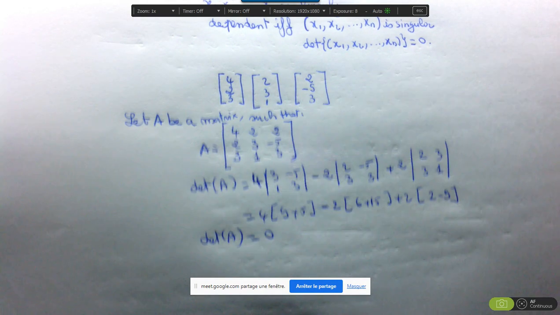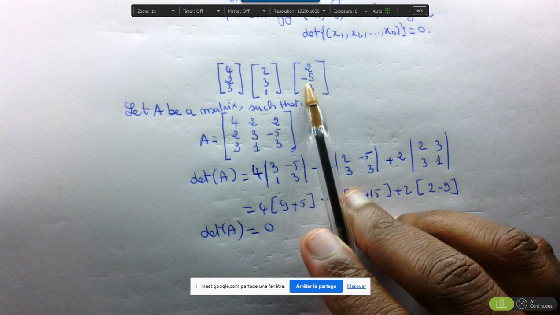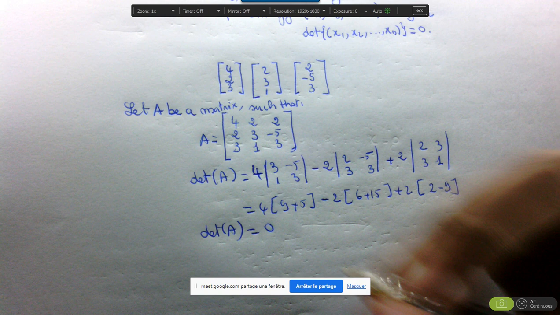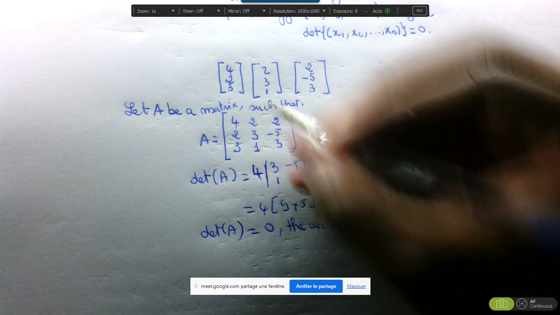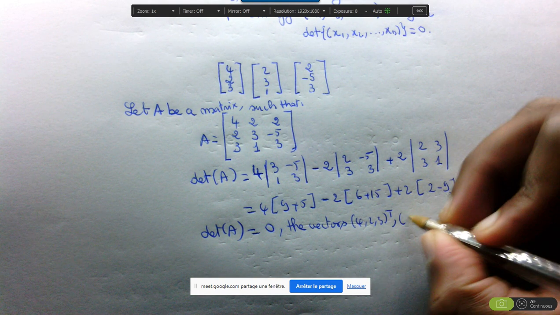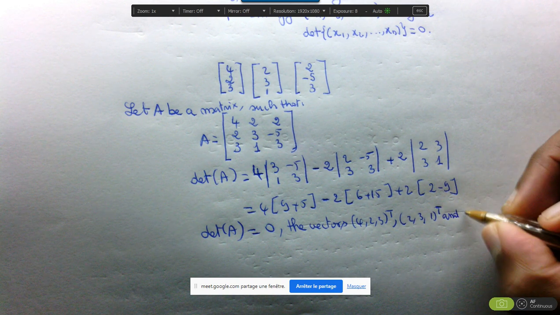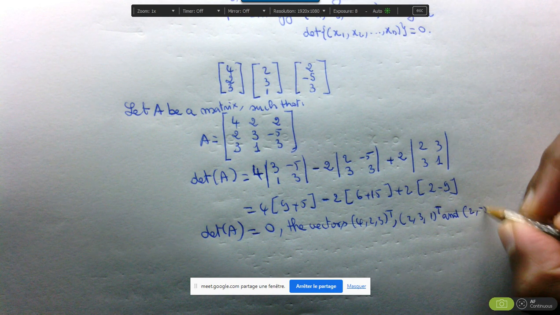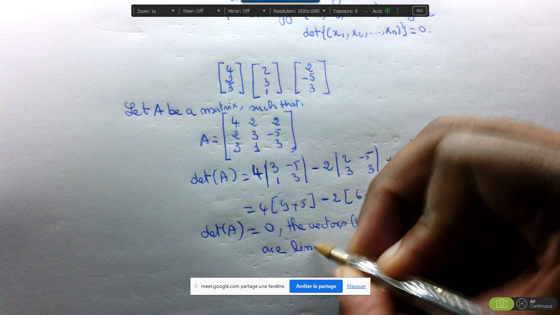Okay, so we can see that the determinant of the matrix formed by these three columns is simply 0. So that means that the vectors 4, 2, 3, 2, 3, 1, and 2, negative 5, 3 are linearly dependent.